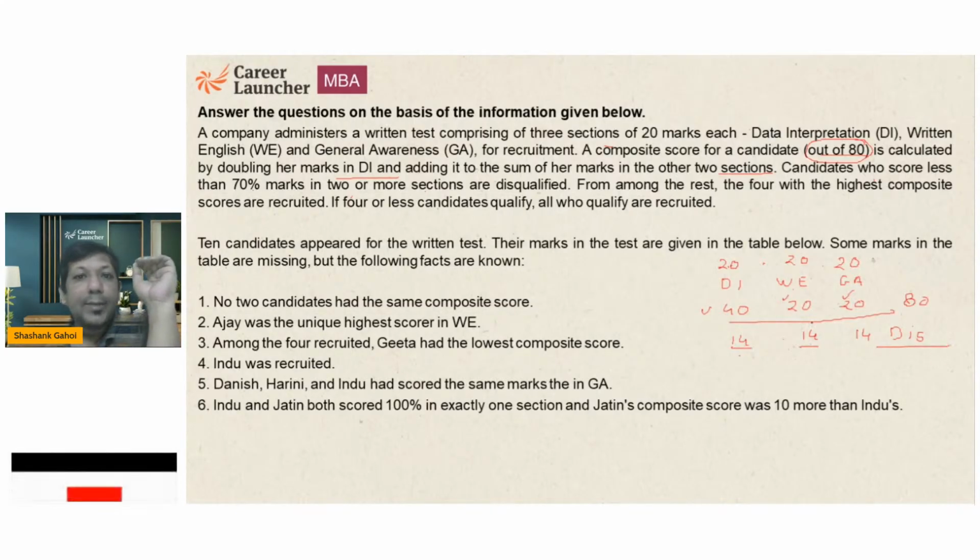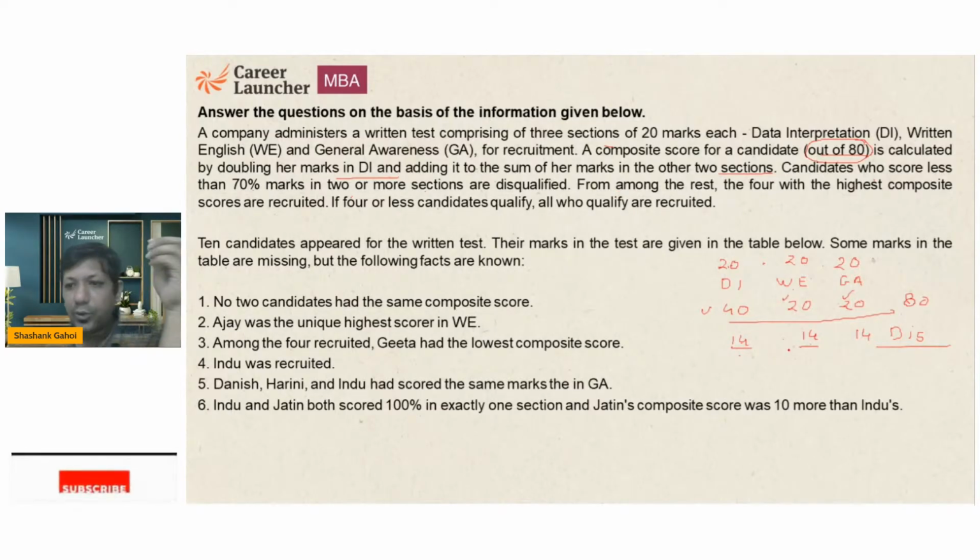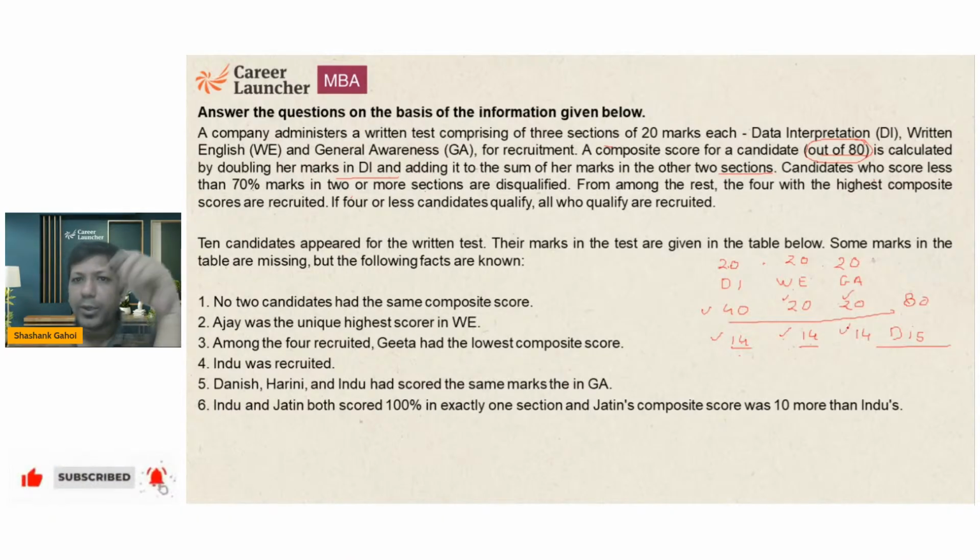ठीक है. Now after that उसके बाद हमने टोटल निकाला कि जो लोग एलिजिबल होंगे, डिस्क्वालीफाई नहीं होंगे, 14 के ऊपर होगा. Now what is going to happen among the rest, the people who are not disqualified, जो कंपोजिट स्कोर निकाला उसमें से 4 लोग जिनका हाईएस्ट है वो रिक्रूट किए गए. अगर 4 से कम क्वालिफाई कर रहे हैं तो जो क्वालिफाई कर रहे हैं सारे रिक्रूट हो रहे हैं.